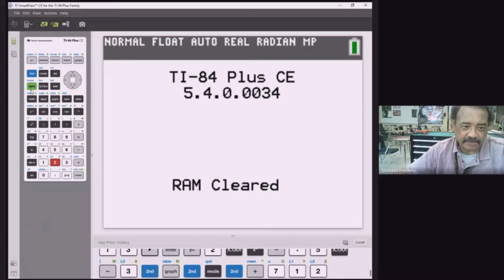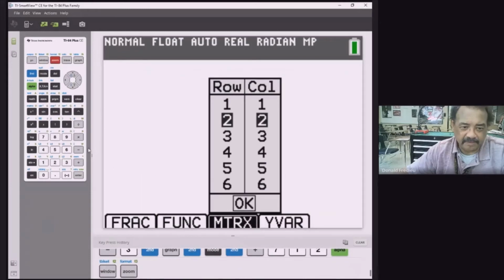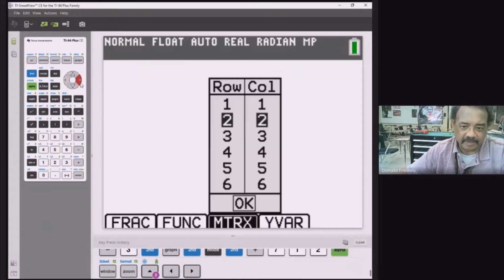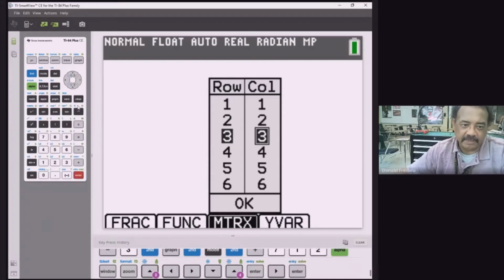Now let's go to our matrix. What happened? 3 by 3.